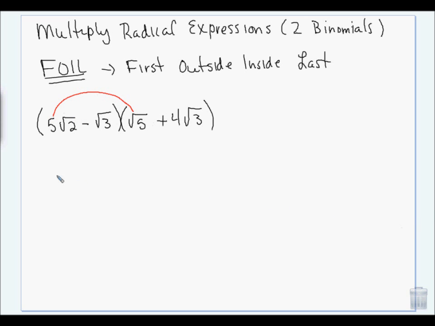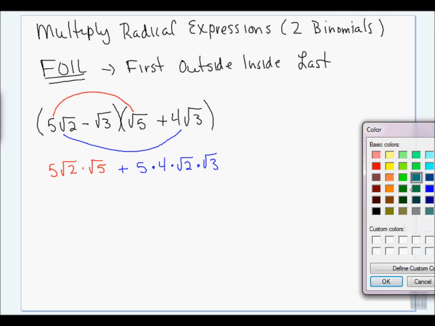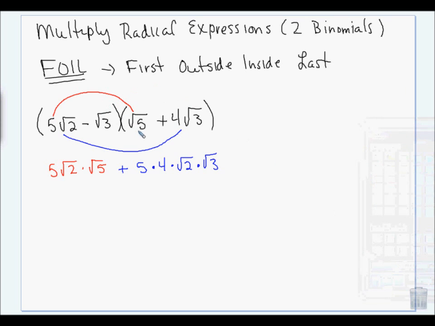Multiply first, so that's going to give me 5 times the square root of 2 times the square root of 5. And then I do outside, which is going to give me 5 times 4 times the square root of 2 times the square root of 3. And then I'm going to do inside, which is the square root of 3 times the square root of 5.